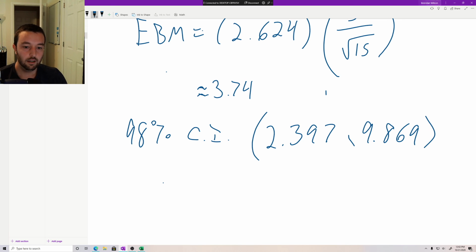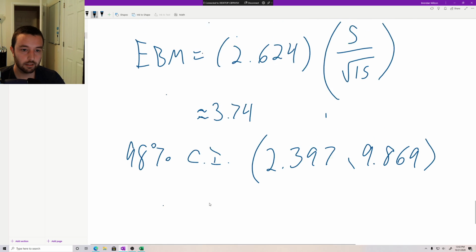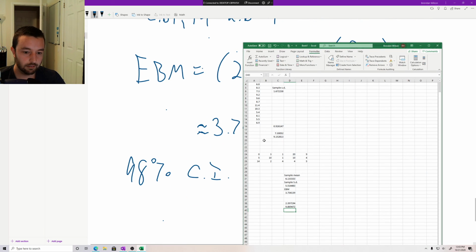Okay. And just as a reminder, this means that 98% of these intervals, based on this test, will contain the actual population mean. Okay. And if we look at our data, it is a pretty big range, but it's because we have some big numbers here like 20 and 14.